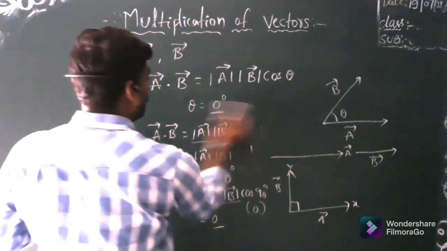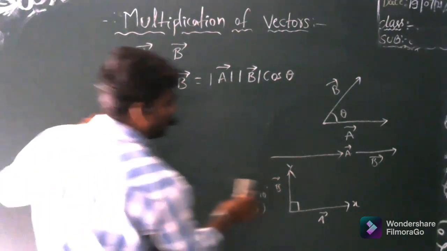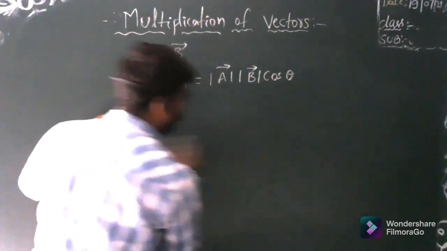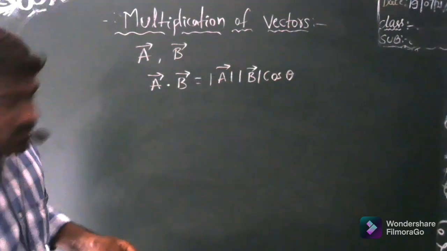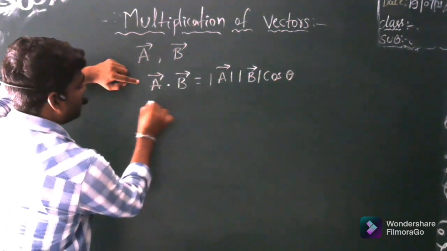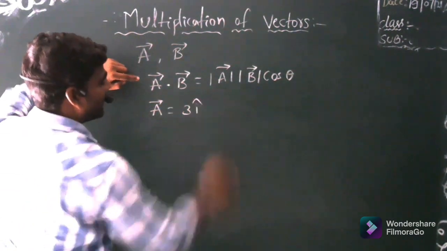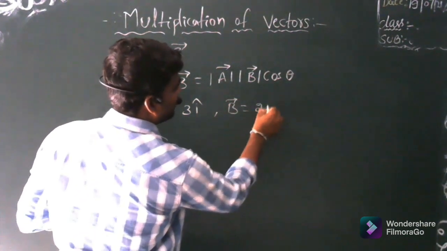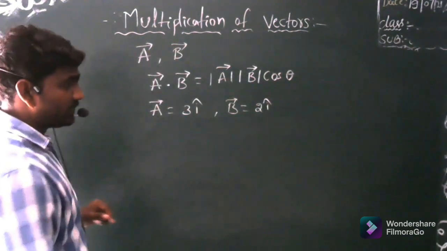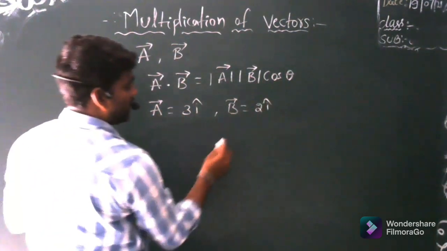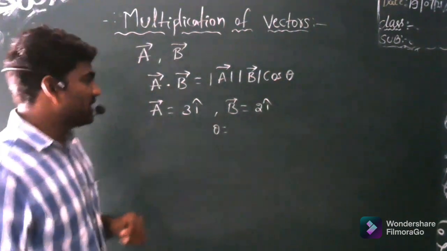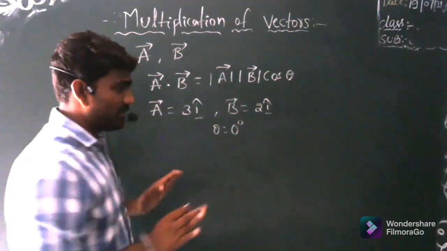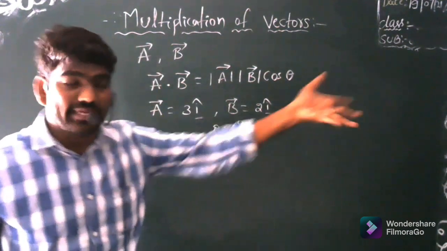Next, once you solve an example, you will know how to compute the dot product of two vectors. Let us take the example. The A vector is 3 i cap and the B vector is 2 i cap. Then the angle between them is 0 degrees, since the information gives i cap and i cap, meaning both vectors are along the x-axis.